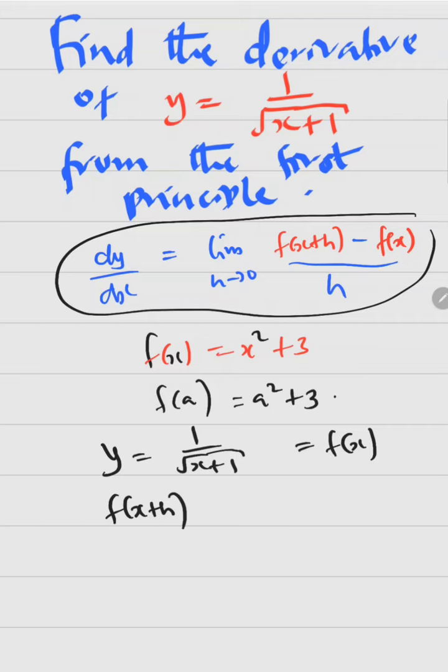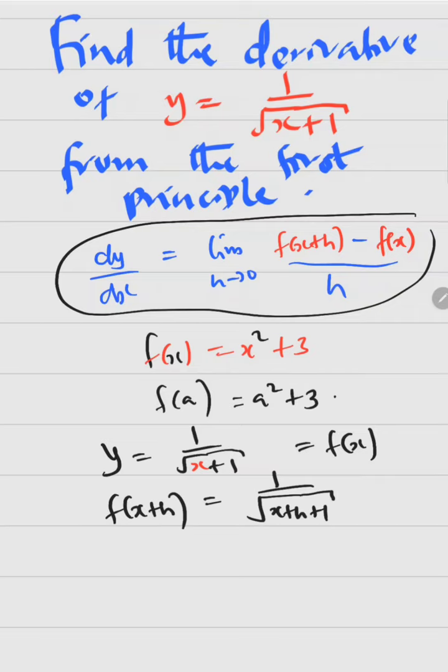So my f of x plus h implies substituting the value of x as x plus h. That is, whenever you see x in this function, you replace it with x plus h. It means this is going to give me 1 divided by square root of x plus h plus 1.